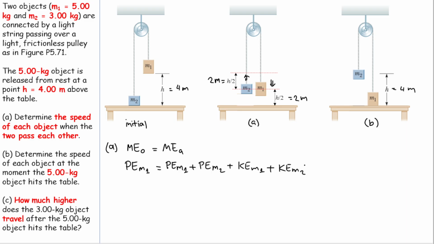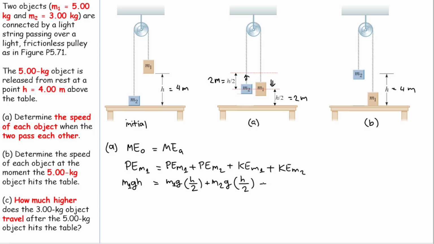Let's plug in the formula here. On the left I have M1 multiplied by g, and the height here is 4 meters, or I will just write it as h. And then for the situation A, the potential energy of M1 is M1 g times h over 2, plus potential energy of M2, M2 g times h over 2.